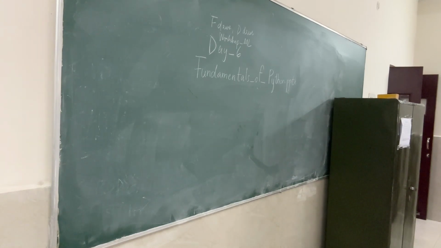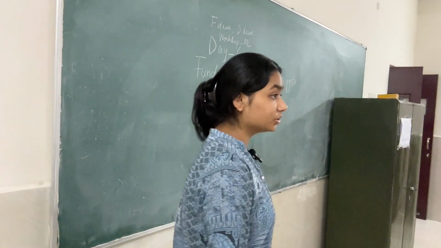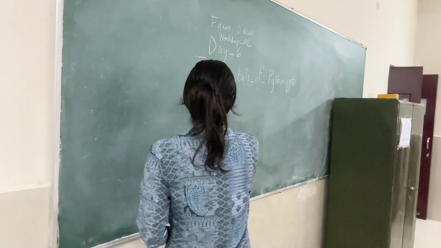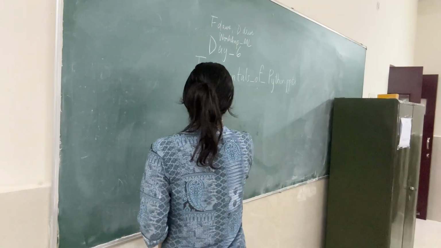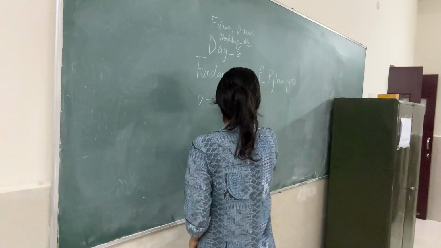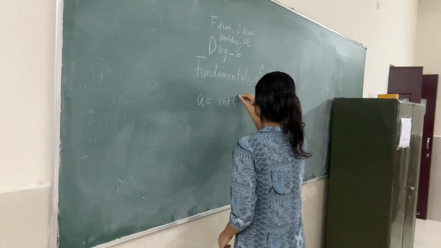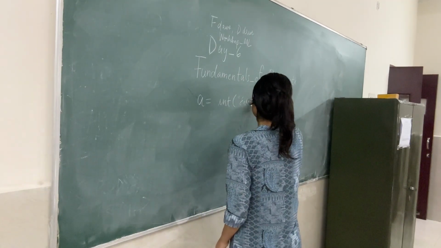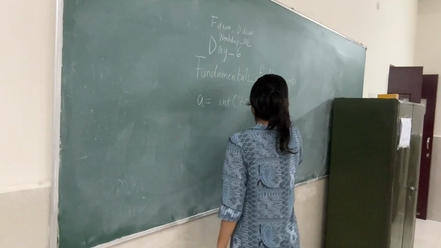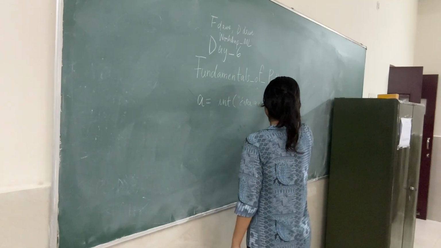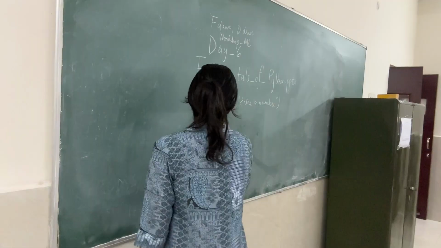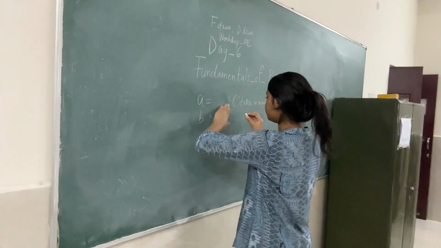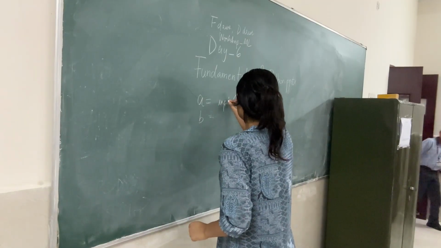So do you know what? I'll just copy something that I saw. A equals int and a number. B equals input.